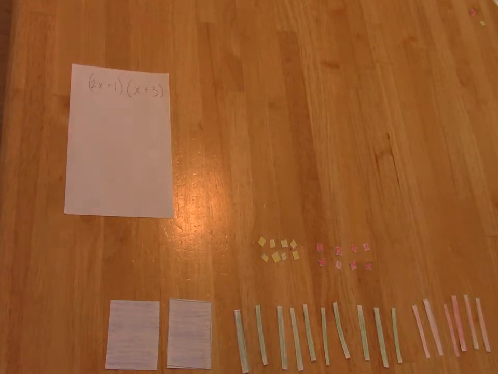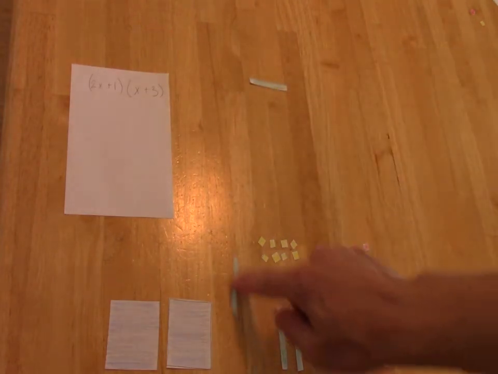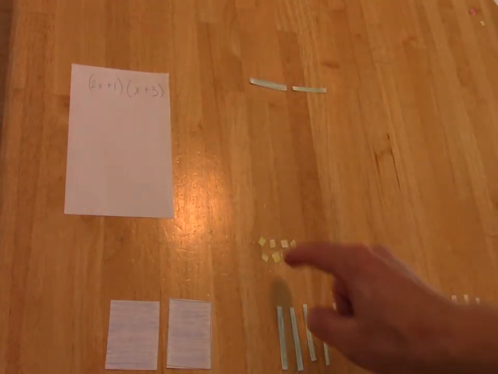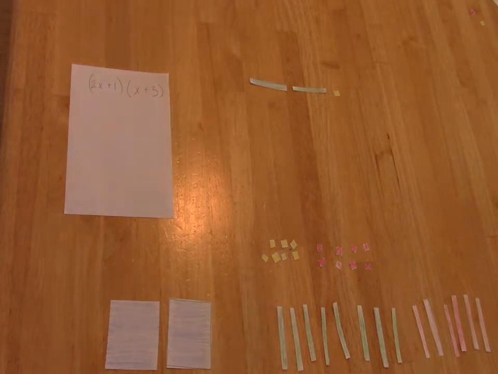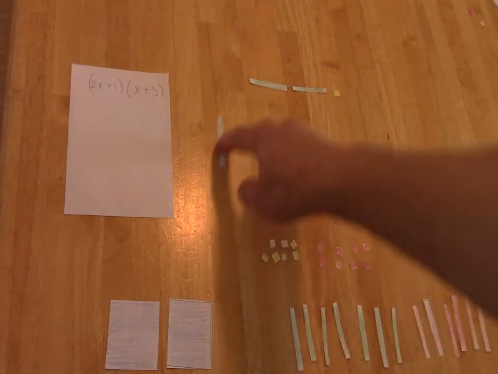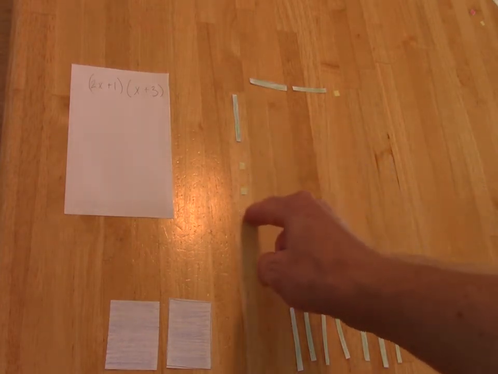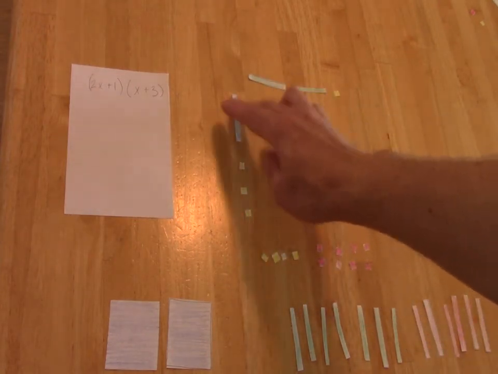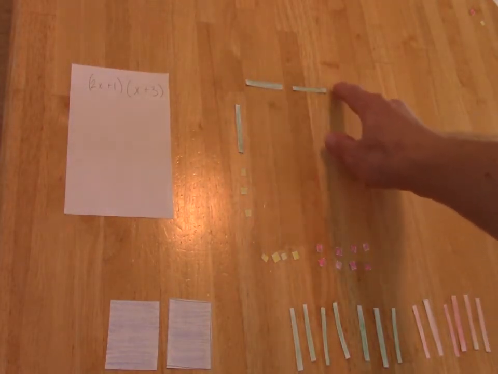We need to do 2x plus 1, which means I'm going to take 2 x bars and set them up at the top, line them up there, and a positive 1 square and line it up there. Then along the vertical dimension for this area model, we're going to set up x plus 3. So there's x, and take 3 of the positive 1 squares.